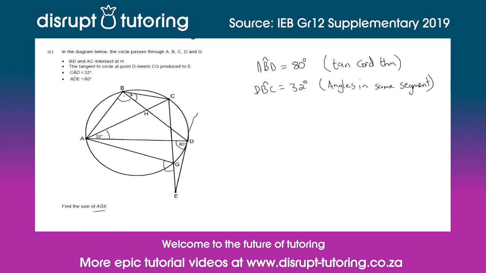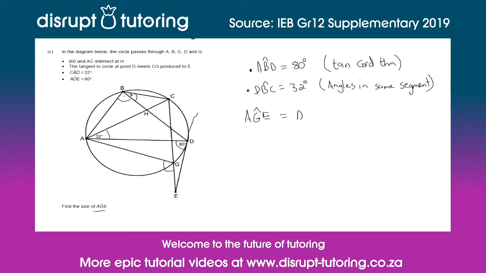Cool. And then finally from that we can see that the angle we're looking for, angle AGE, should be equal to the sum of the angle ABD, which is this one, and DBC, because of the reason: exterior angles of a cyclic quad are equal to the sum.